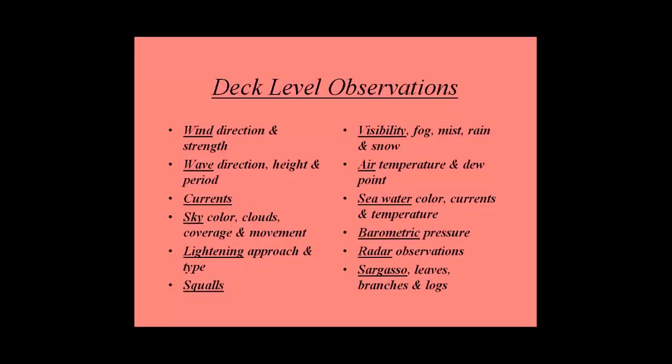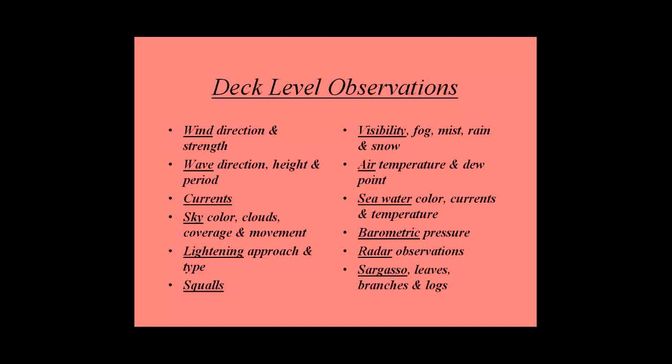So let's talk first about deck level observations, and just picture yourself standing on the deck of your boat. You're underway, and what are the things that you can actually see, and what are some of the meanings of these things? So first off, we have wind, the direction and the strength of the wind, and that's a primary item of interest.